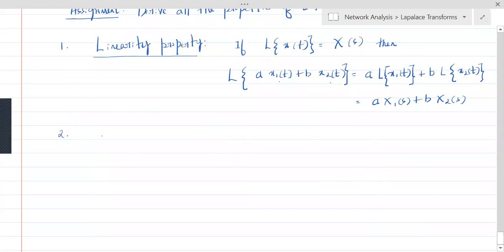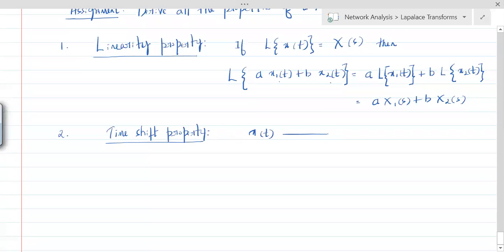Now, second property, everybody take down. The second property is the time shift property. What is time shifting? If you have x of t, the Laplace transform of this is given by X of s, as we have seen.